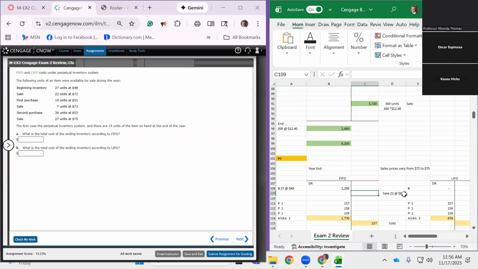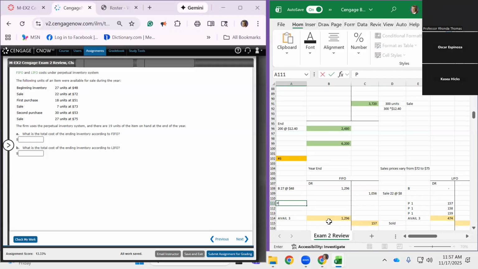We have to sell what we have. So 22 times 48 is $1,056. So far we're making our way through the flow, right? We began with some inventory and we made a sale from that inventory. Then we made a purchase.